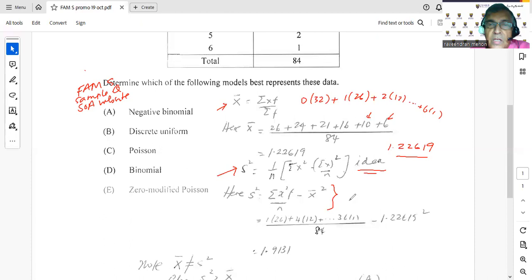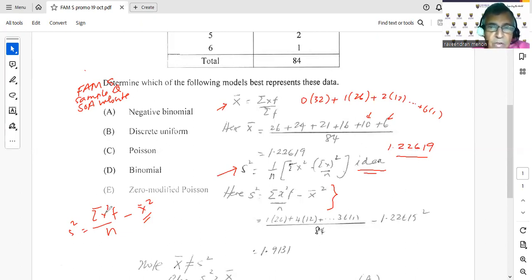So in our case here, we are going to use this one here. First you have to work out your x squared f over n. Let me write that again. S squared will be minus your x bar squared. Nothing to worry about there, we already have that value, which is 1.22619.